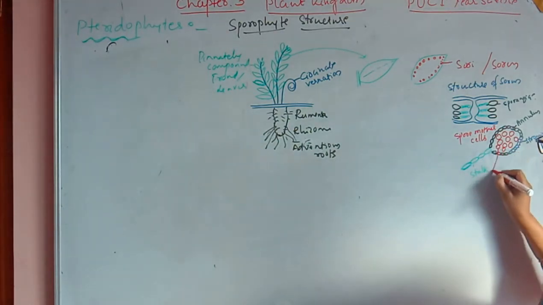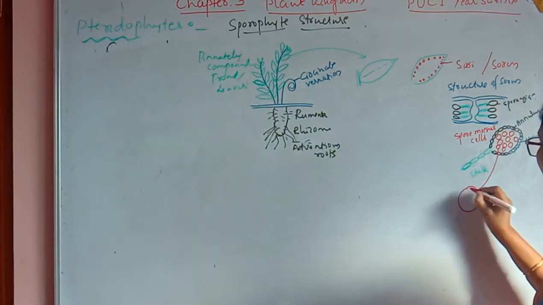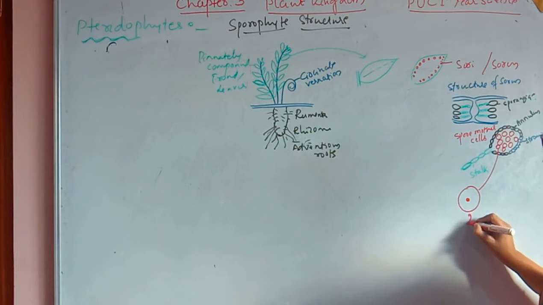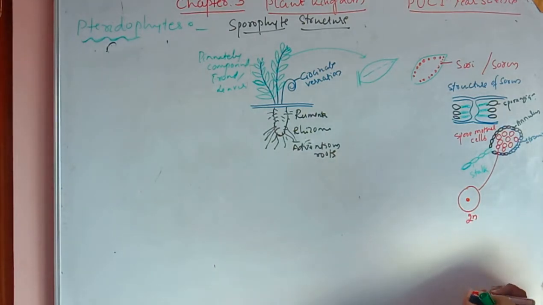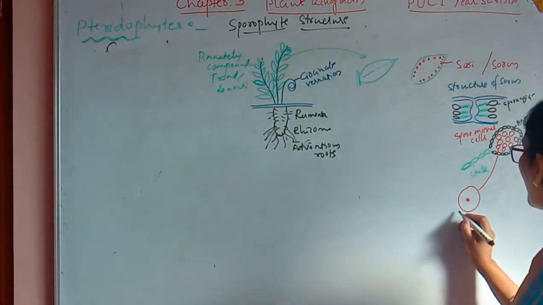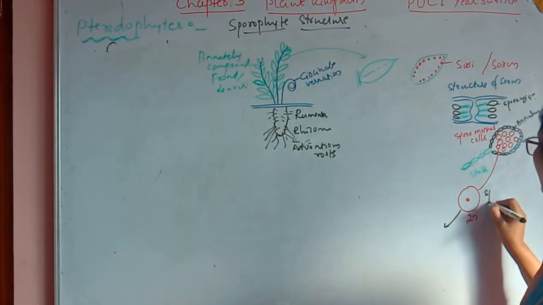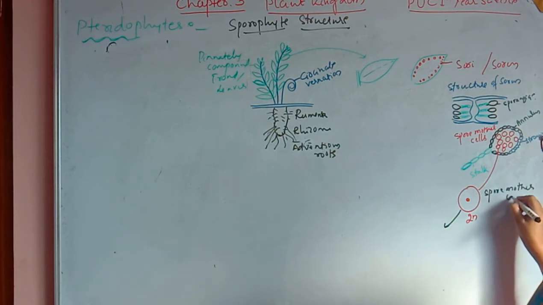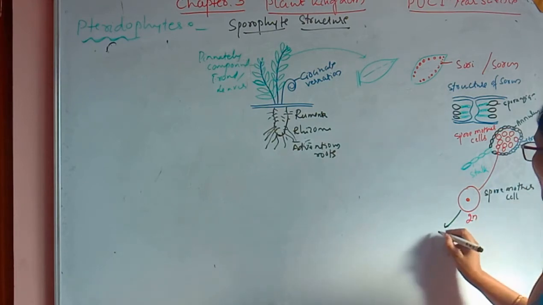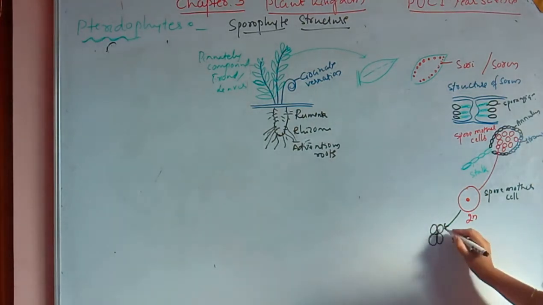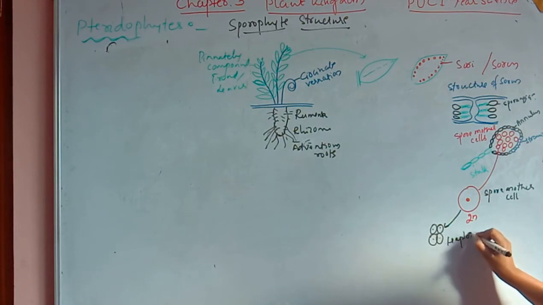Let us draw a diagram of a single spore. This single spore has a nucleus, and this is diploid. And meiosis takes place in the spore mother cell. It produces 4 haploid spores.